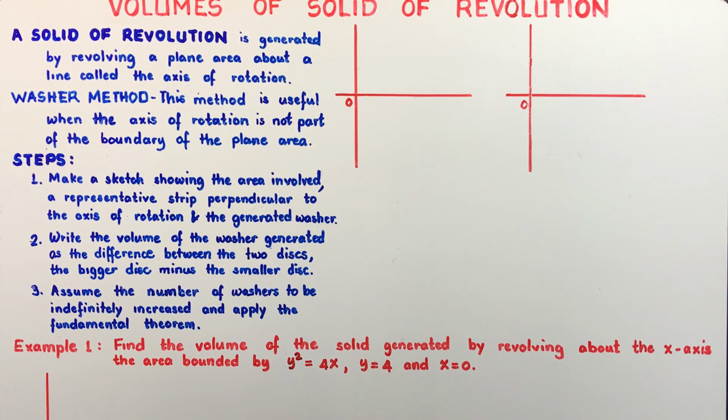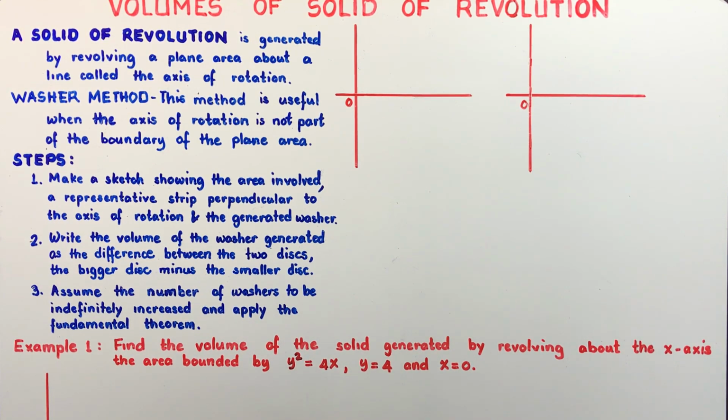Step number 2. Write the volume of the washer generated as the difference between the two discs, the bigger disc minus the smaller disc. Step number 3. Assume that the number of washers is indefinitely increased and apply the fundamental theorem of calculus.